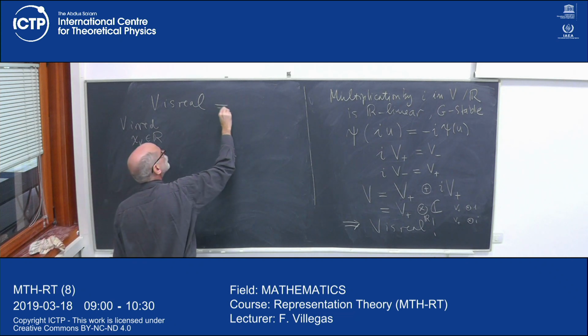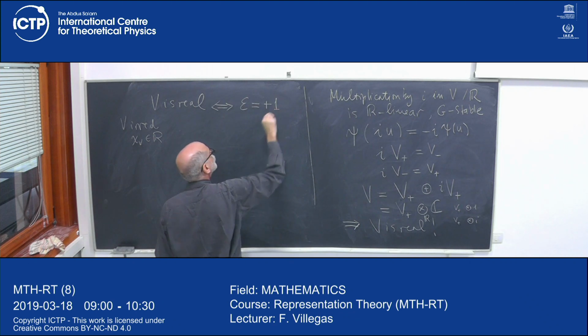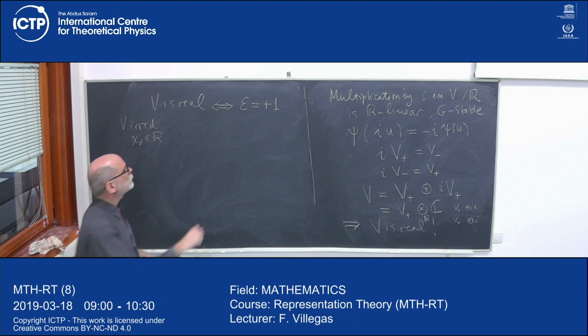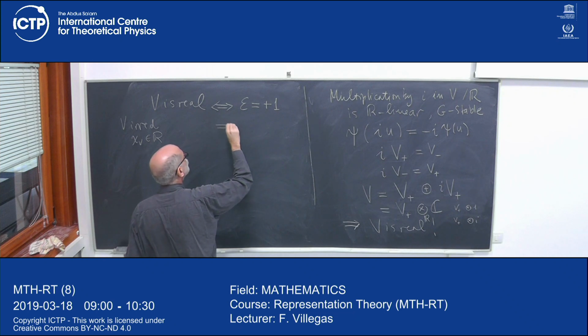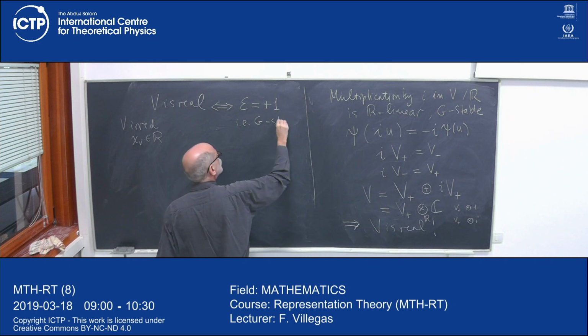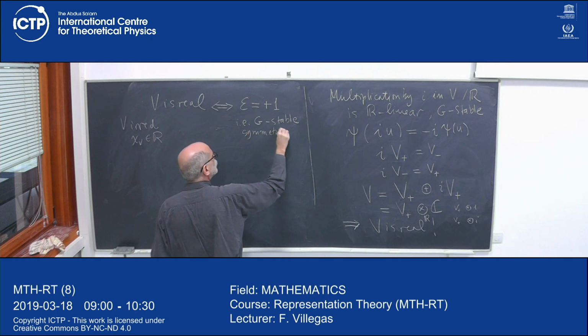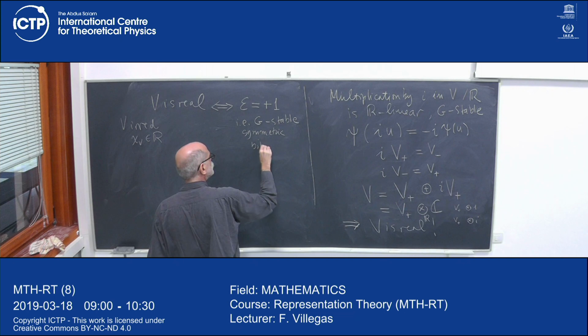It's real if and only if epsilon is +1, which means, i.e., we have a G-stable, symmetric, bilinear pairing.